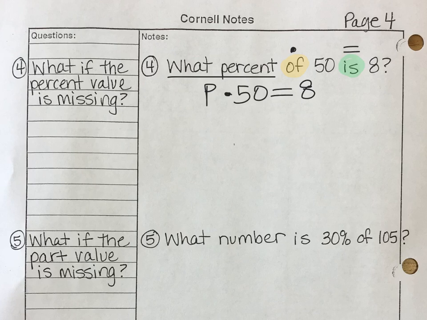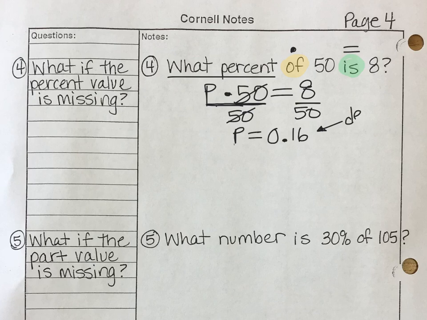This time, when I divide on both sides to solve it, because I need to know the value of P, I'm going to again divide by the number that is in the multiplication, which is 50. So 50 is what gets divided on both sides. So P, as the percent, is equal to 8/50ths, or 8 divided by 50, which is 16 hundredths. Now, here's the trick.